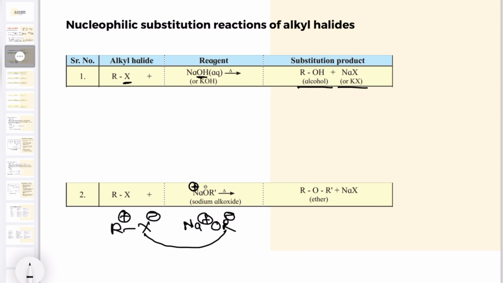So the negative part replaces the negative part. The product formed is R-OR from the sodium alkoxide, and NaX, sodium halide, is given out. That means this ROR is an ether compound.